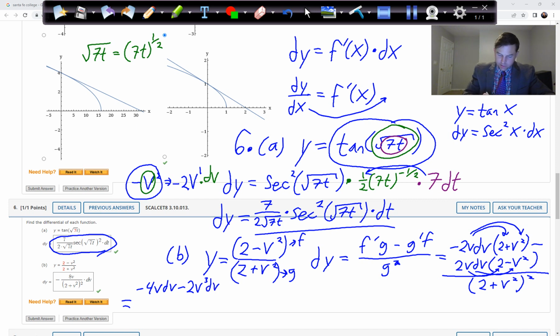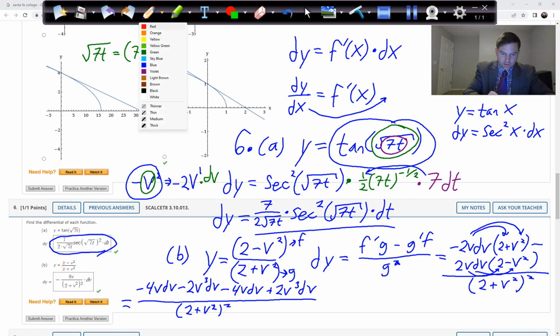Then this one's going to give us a minus sign out front, so minus 4v dv, and minus of a minus would be plus 2v cubed dv, all over (2 plus v squared) squared.